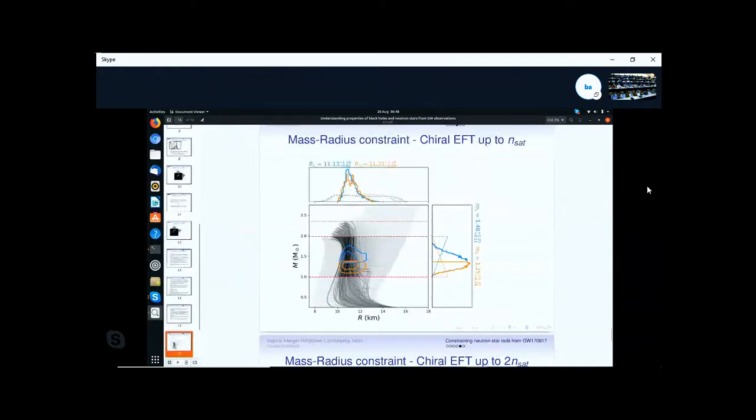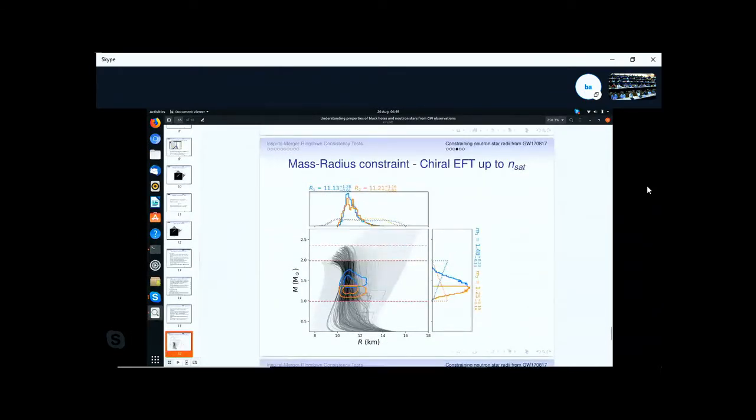And the next plot then shows an example of the results. So this is in the mass radius plane. Let me describe the different aspects that appear in this plot. So first of all, each of these curves in the mass radius plane is one of the 2000 equations of state. And in this case, this is the chiral EFT up to nuclear saturation density.